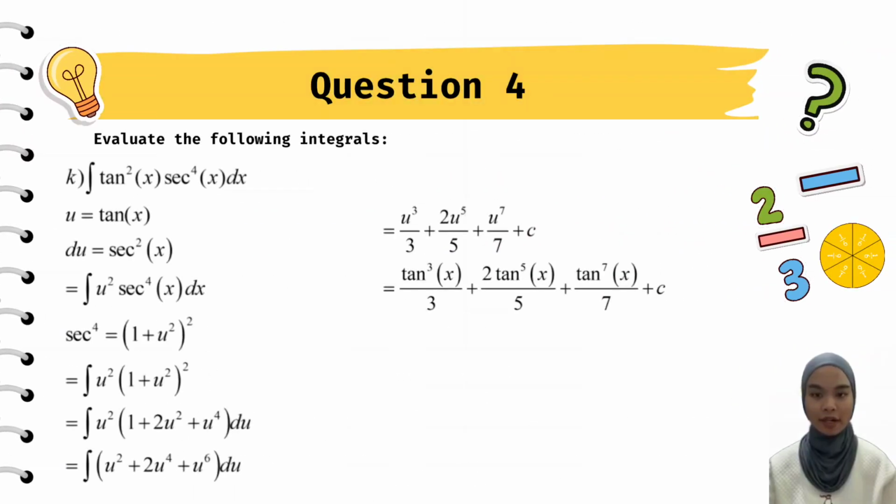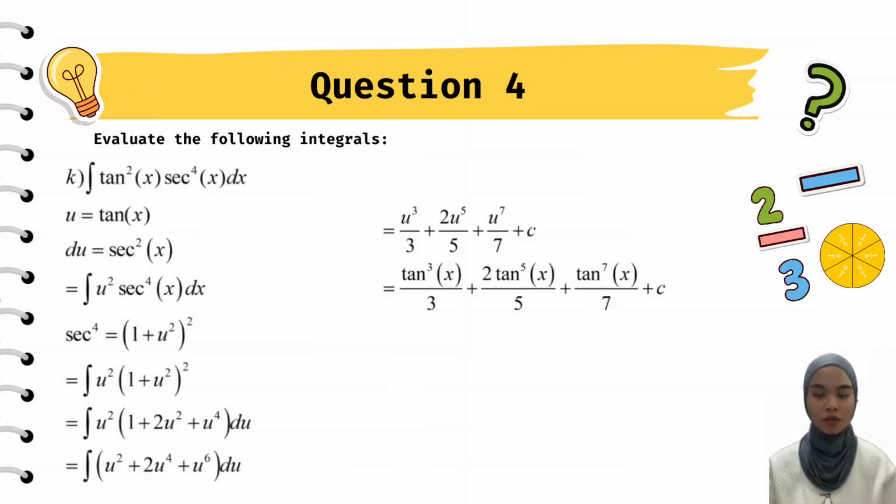Question K, integrate tan^2(x) sec^4(x) dx. We know sec^4 is (1 + u^2) times sec^2, where u is tan x. And we can expand the (1 + u^2).